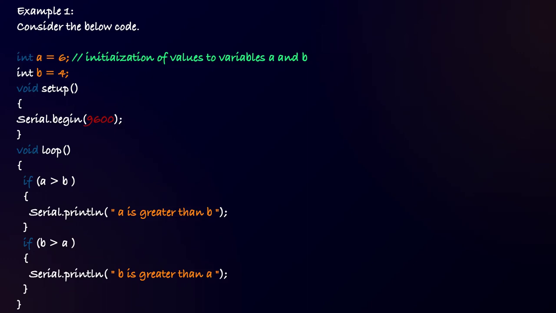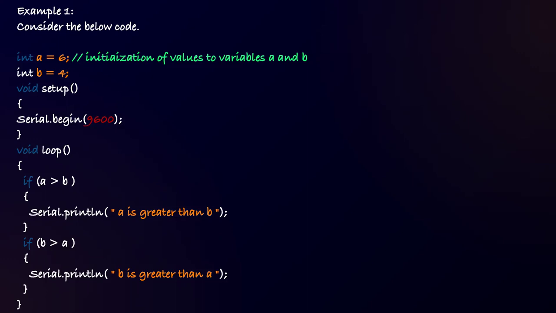After we have closed the parenthesis for this if condition, again we provide if b is greater than a, Serial.println b is greater than a. Whatever the result is, you print it like this. This is how we use the if condition. Clear, everybody? I hope it is clear.